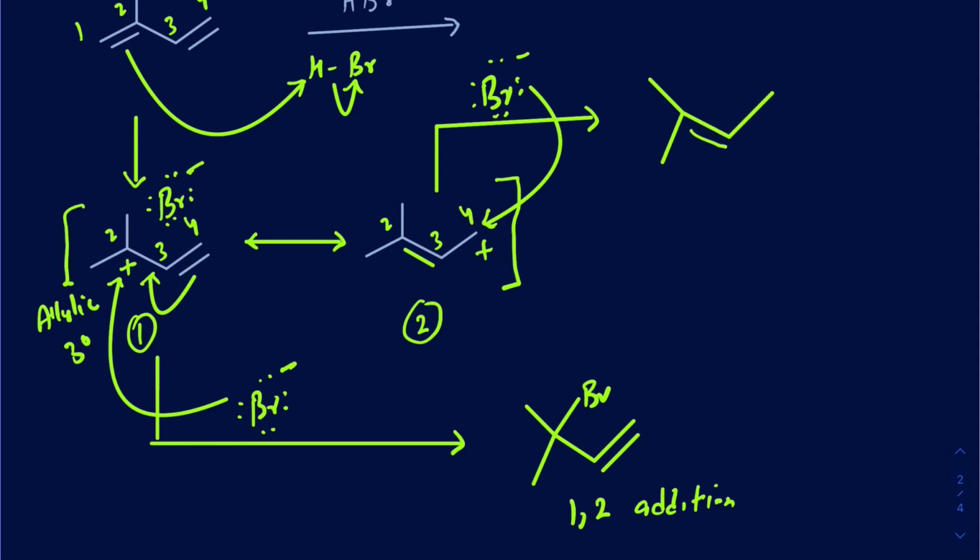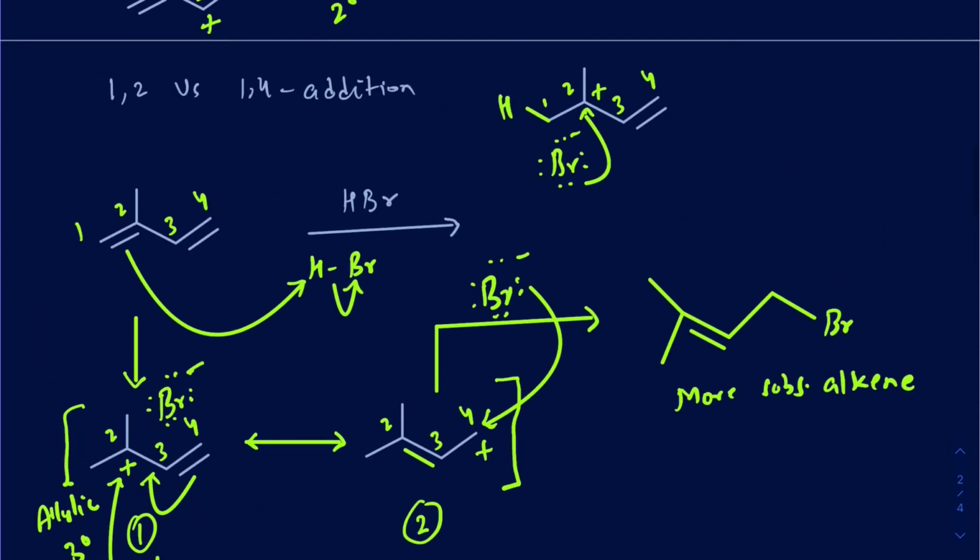Now, the 1,4 product is actually going to be more stable because it's a more substituted alkene that we have in there. But 1,2 is made faster because at low temperature, the bromide will not move faster to the carbon number 4, so you will have this proximity effect taking place and the bromide will be attacking the carbon number 2 rather. This is how you're going to be doing the 1,2 versus 1,4 addition products.